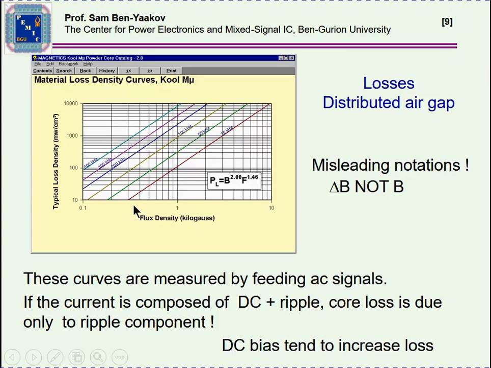But again, the curves are for delta B and not for the total flux density. And again, we have here the loss density. In here, it will be milliwatts per centimeter cube. Okay, so these are really very similar, except of course the value will depend on the material itself, like this is a Coolmu, which is a powder core.